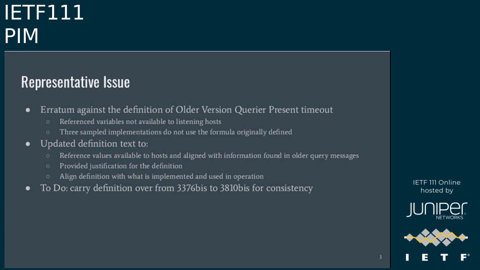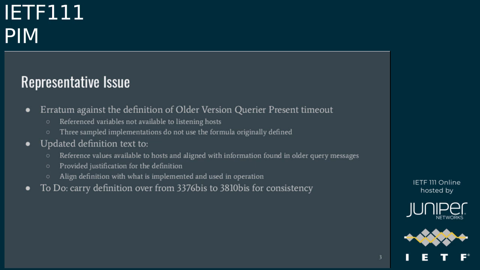Keeping the criteria of a full internet standard in mind, like interoperability and consistency between implementations, we updated the definition text so that it could be clear for new implementers. The definition text was updated to reference values available to the host, and they were more aligned with the information found in older query messages.